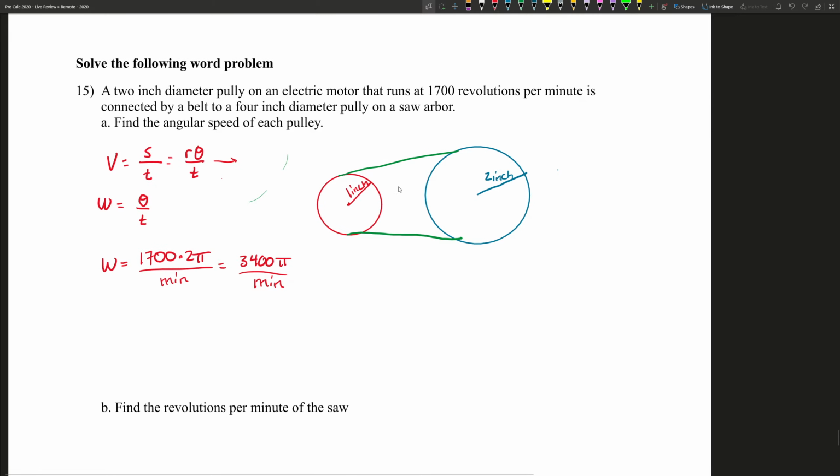This goes to a belt, which has some speed, which is going to be r, our radius, times our angle theta, which is 3,400 pi per minute. So we just get 3,400 pi. So that's not what we're actually trying to find, but we need to convert this into the angular speed here.